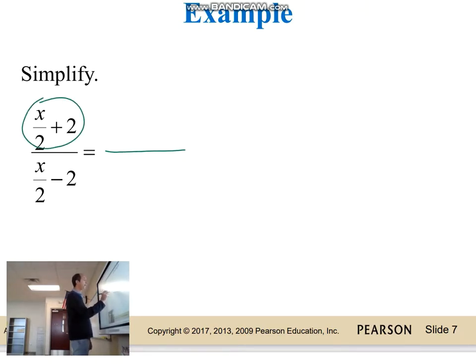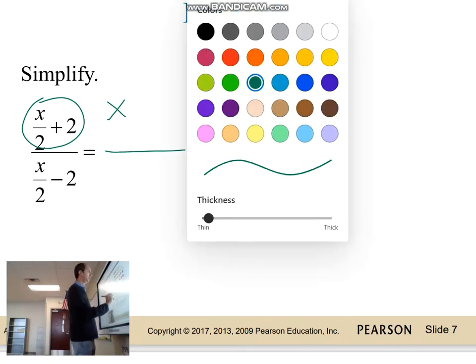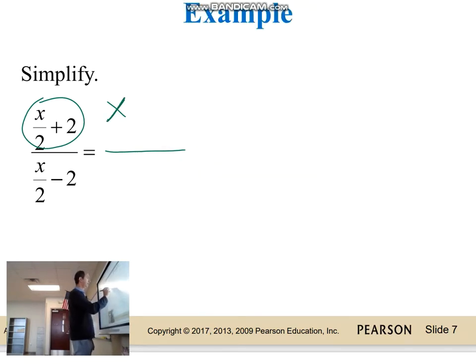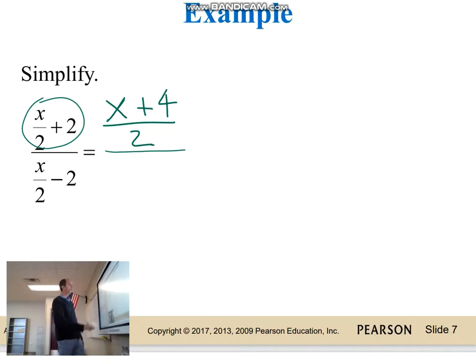You can write this as x plus, and if we have 2 here, we multiply 2 by 2, 4, so x plus 4 over 2. At the bottom, you can write x, and we bring this to the fraction, 2 times negative 2, negative 4.